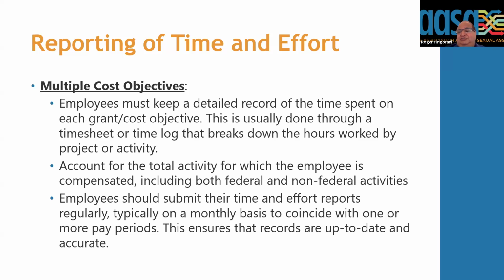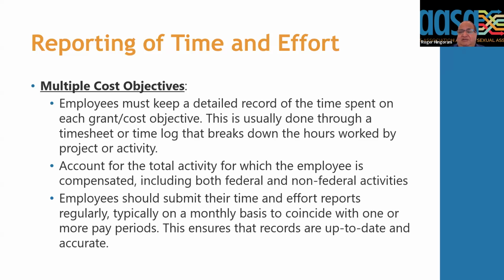You have to show that you're allocating the time you spent on each of these federal funding sources. But it has to account for all of your activities. You can't just show, I worked 20 hours on this federal funding source, and not account for the rest of the time that you worked on different funding sources.